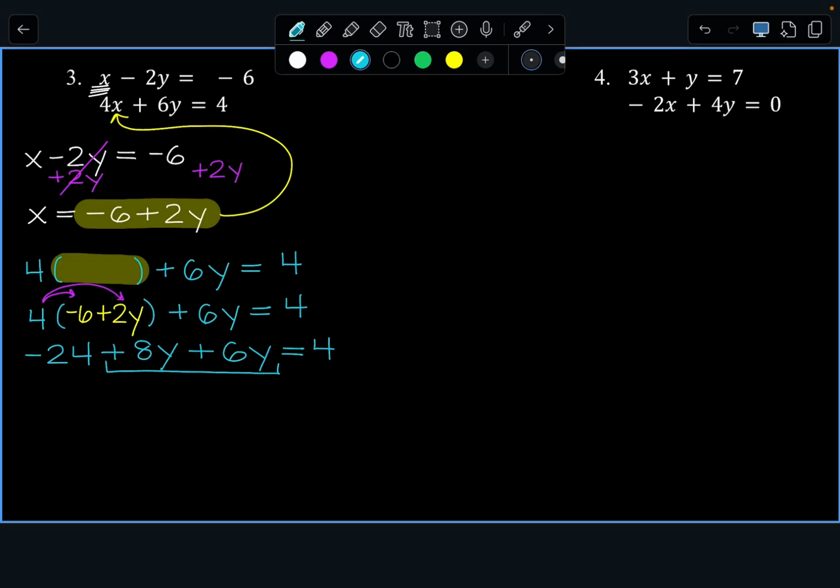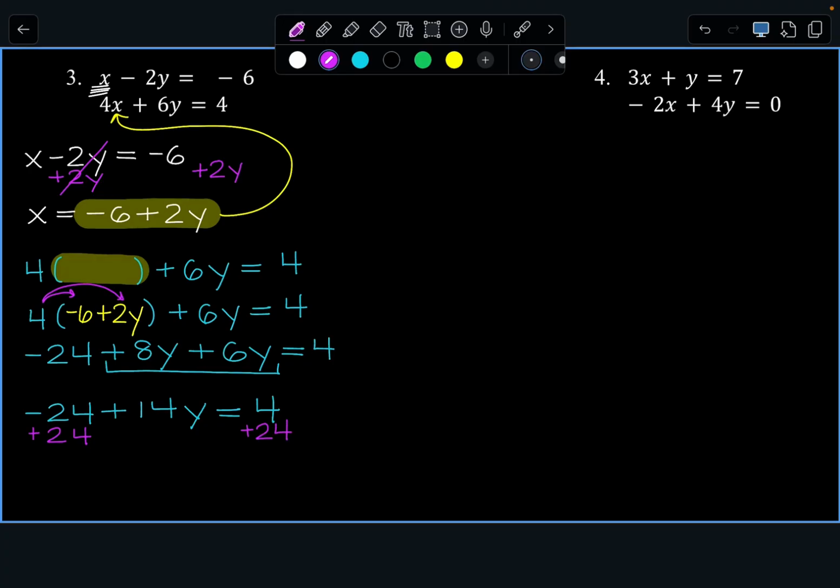Combine like terms. Negative 24 plus 14y equals 4. To get y alone, we're going to remove this negative 24 by adding 24 to the other side.